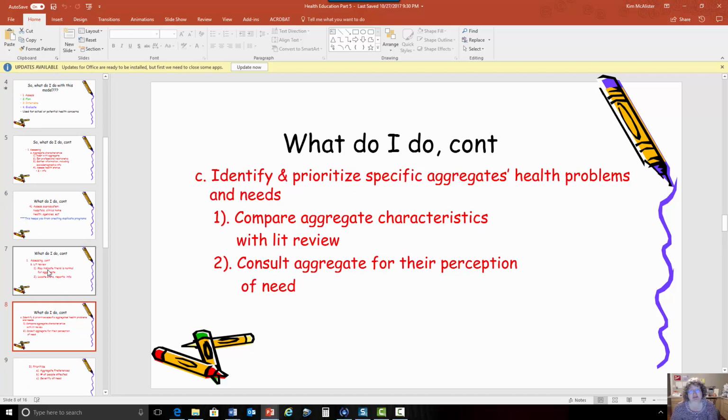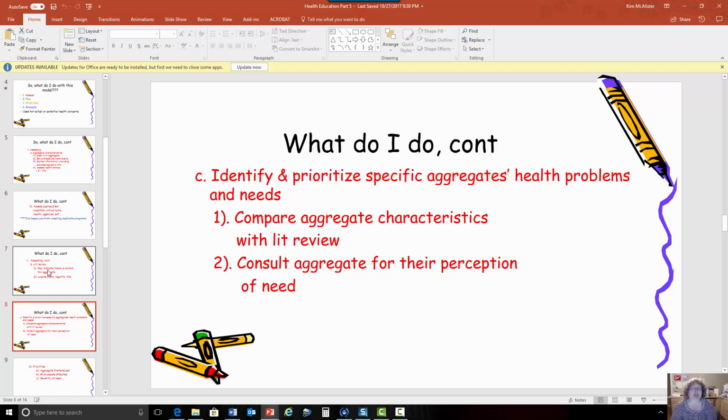Then you want to identify and prioritize the specific health problems. You compare the aggregate characteristics with your assessment that you've done after meeting with the aggregate, with the literature review and the demographic information that you've obtained. And then you consult the aggregate for their perception of need. So you've determined your own perception of what you think based on your interaction with them and the other information that you've gathered.